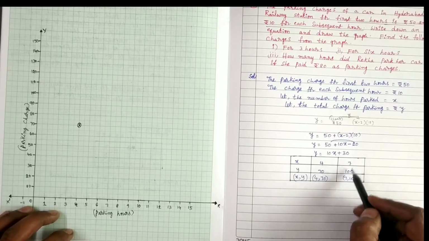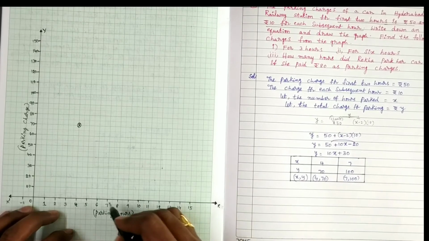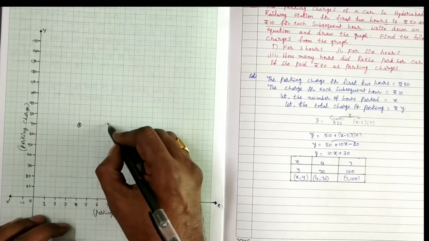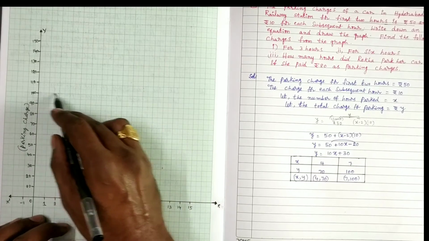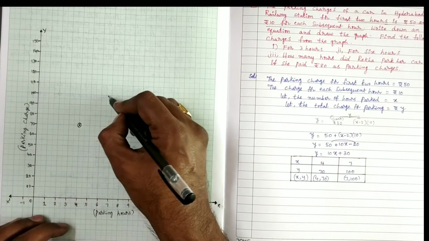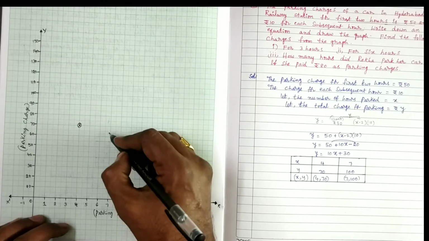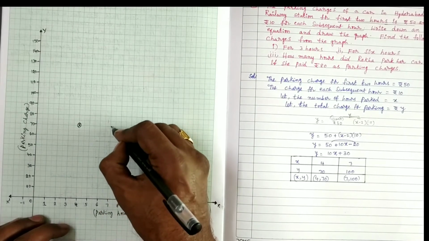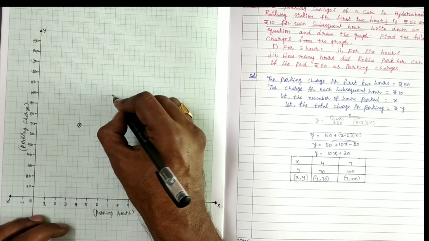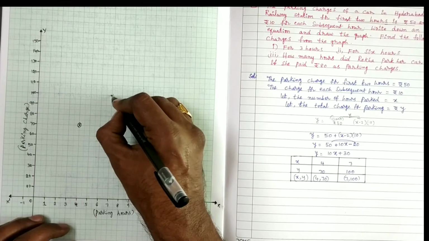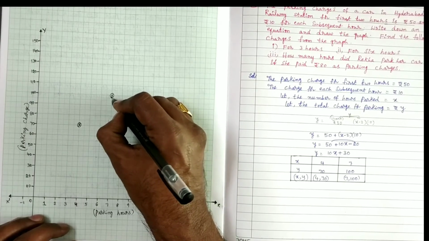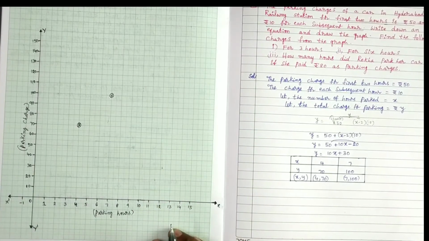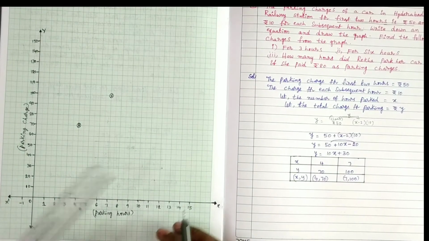And second point is 7 comma 100. On x-axis 7, on y-axis 100. The common point is 7 comma 100. Through these 2 points, draw a graph.